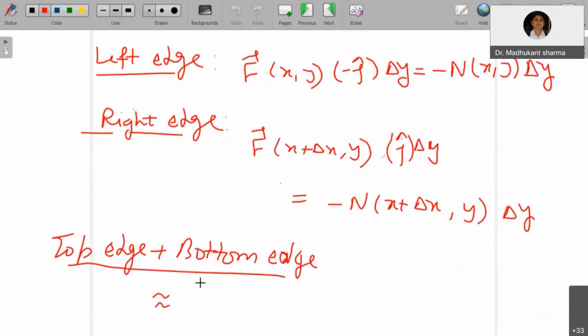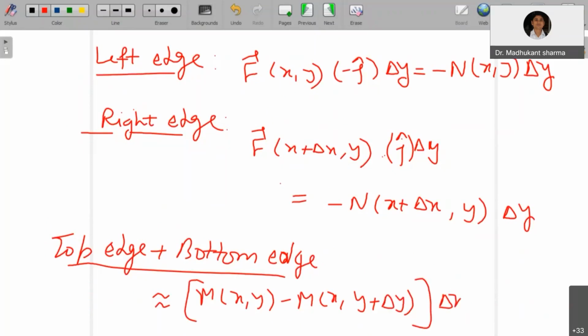Now this can be further approximated by minus ∂M/∂y delta y delta x.